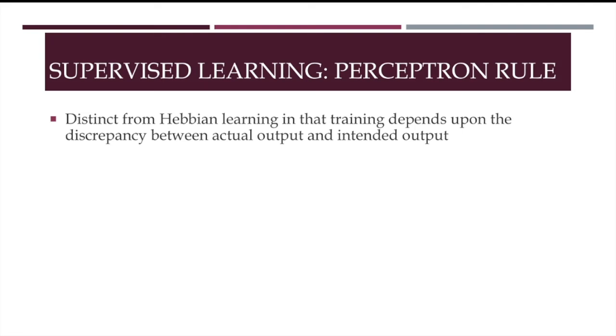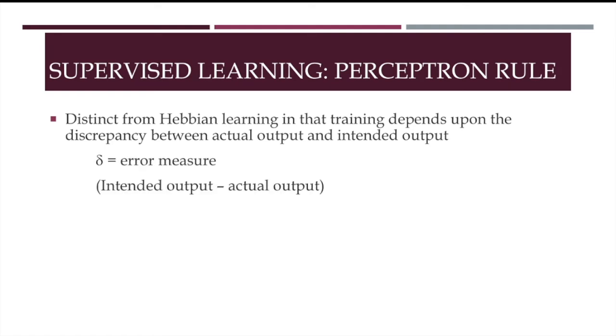There are also supervised rules, and the most famous for perceptrons is the so-called perceptron rule, sometimes known as delta rule, and again was proposed by Frank Rosenblatt in 1958. And again, it is supervised because it depends on feedback, right, about what the intended output was. It relies on the discrepancy between the actual output and the intended output to correct and to improve the weights.